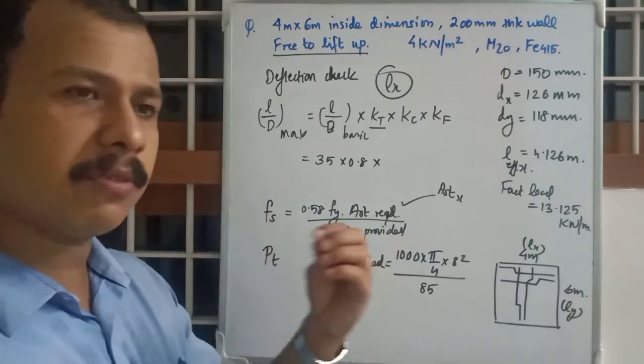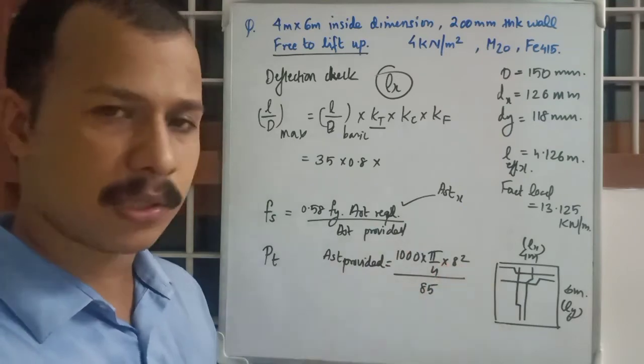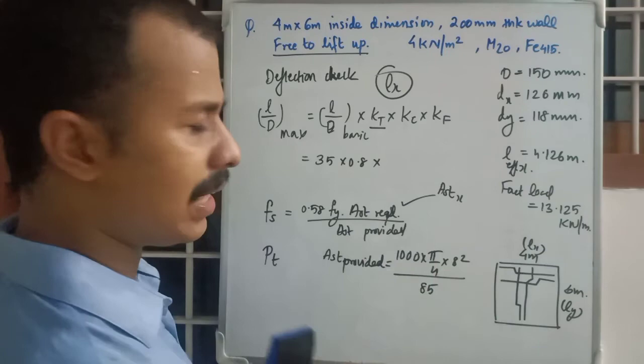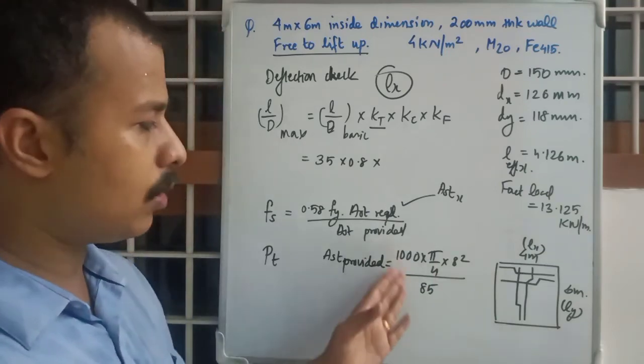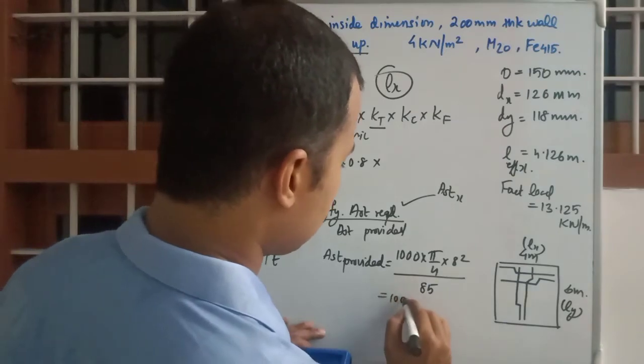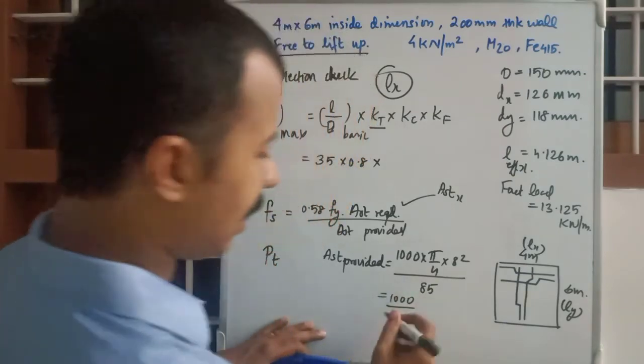So in beams we just must multiply the number of bars, right? So in this case actually it's the ratio of 1000 by 85. That's how many bars will be there. So it can also be written as 1000 by 85. That will be the number of bars.